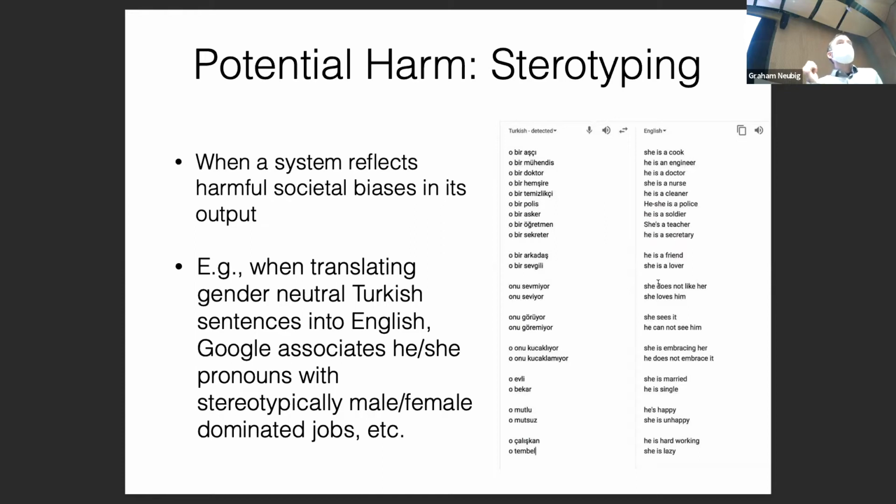Actually, Google Translate has improved on this recently. When they don't have very good evidence for which one it should be, it just outputs both, like he or she. But it still doesn't work in all cases, and you can still see mistakes like this. And other things like language generation systems all show these sorts of biases. Sometimes they're even worse than this.